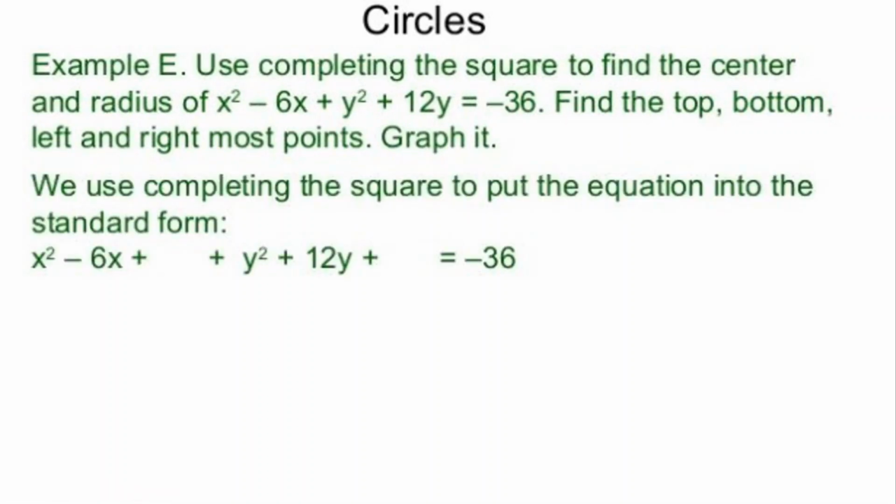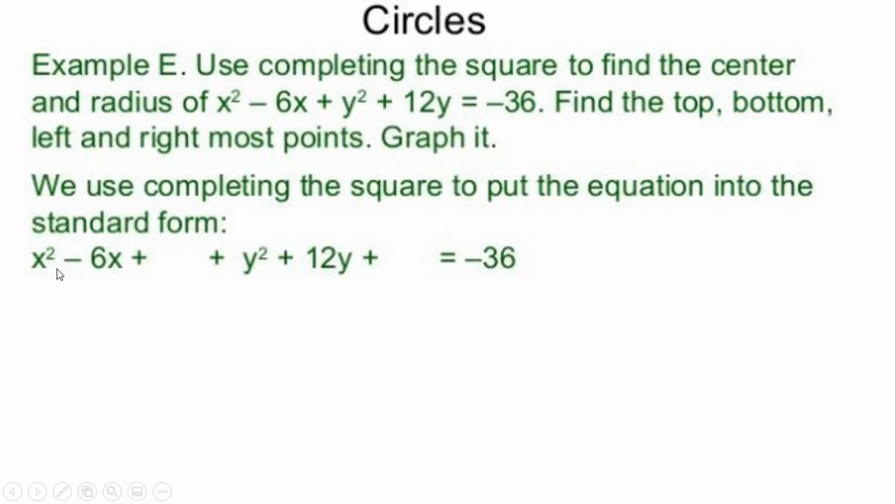Okay. We use completing the square to put the equation into the standard form. Okay, so this one, x, remember, when we add a number here, the third term, we add the same number on the other side of the equation.